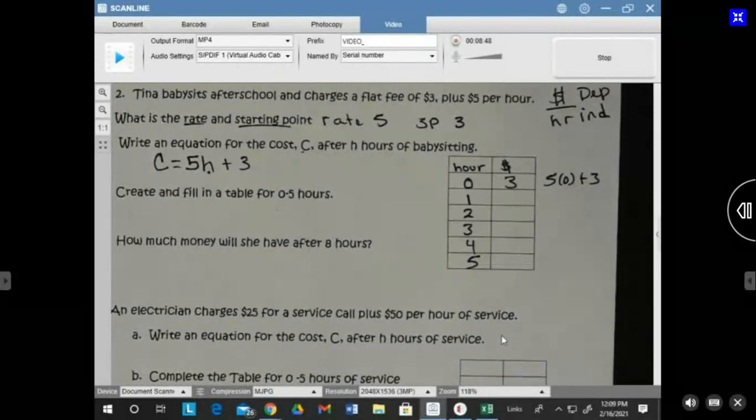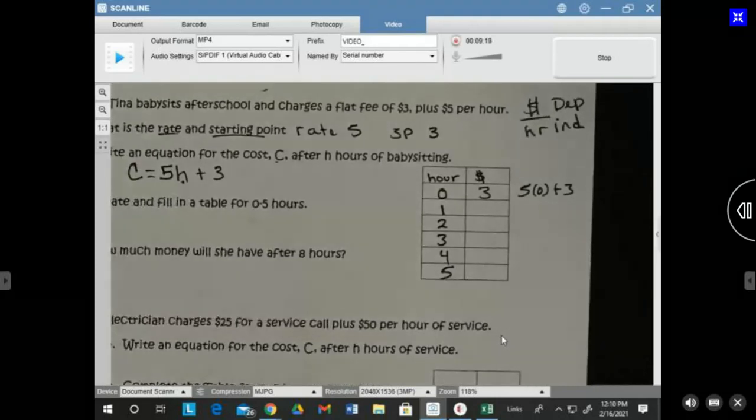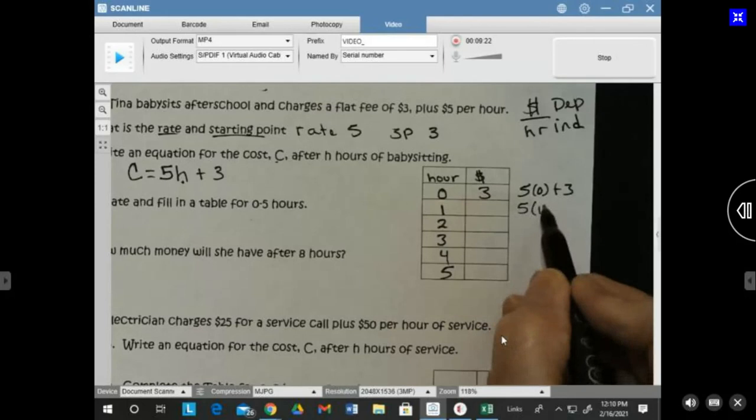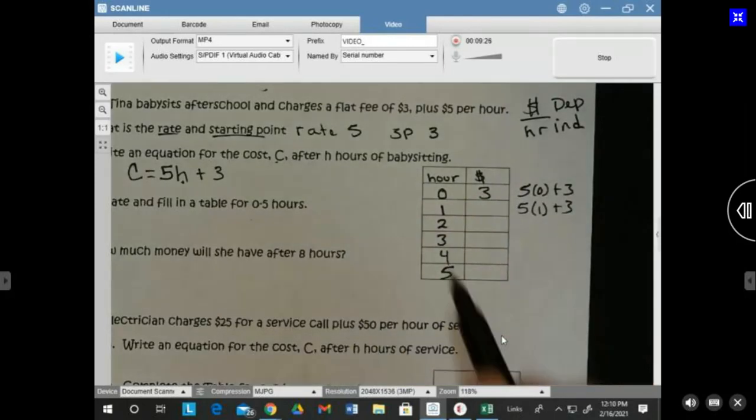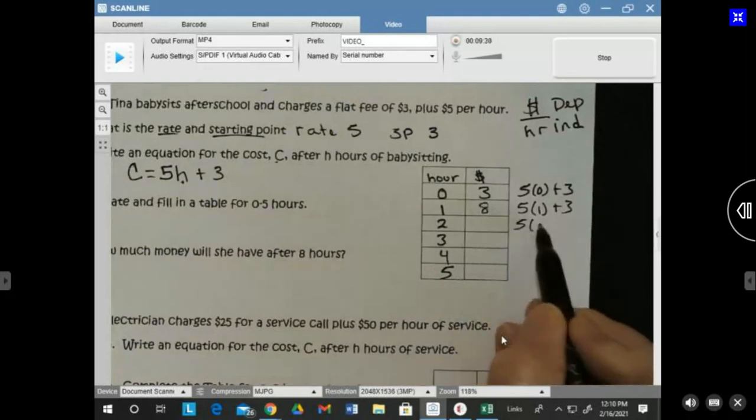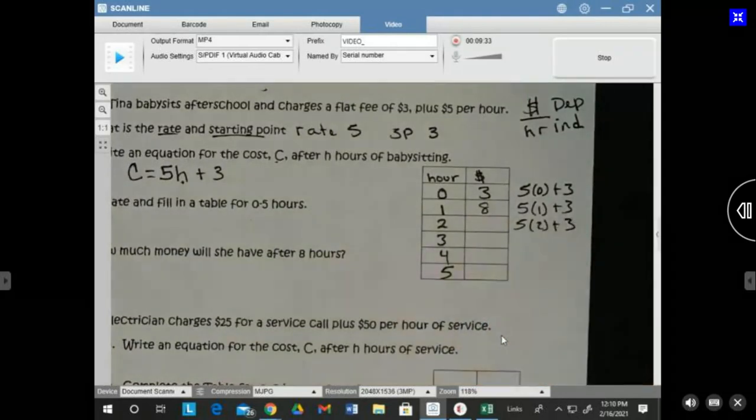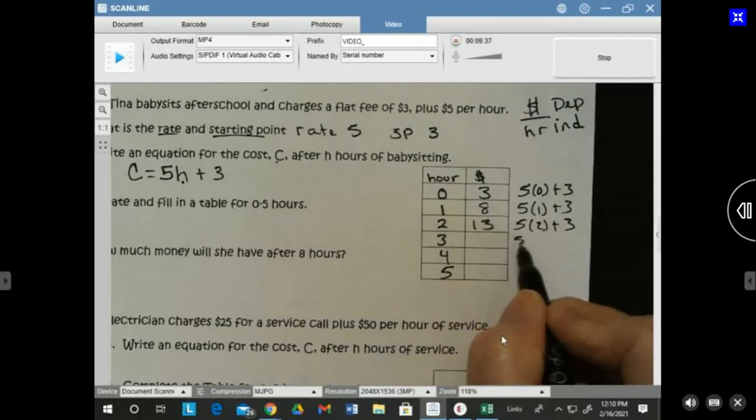Fill in your table. 5 times 1 plus 3. 5 times 2. 5 times 3.